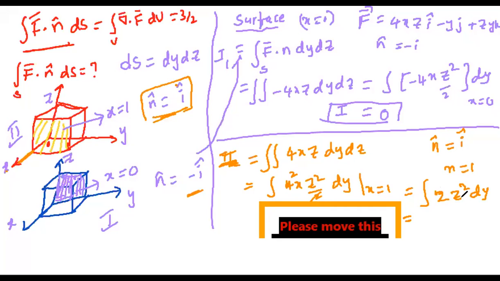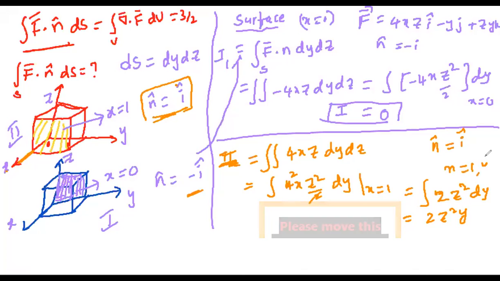What am I going to get here, tell me. This is z square y, right? Here I have to substitute when x is equal to 1, y also 1. For this plane, x is 1, y is 1, all are 1.